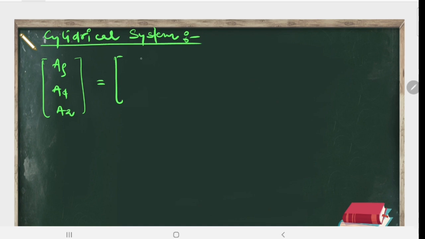Using the matrix, we can do that. Here the first row is cos phi, sin phi, 0. Differentiate this with respect to phi and you will get the second row: -sin phi, cos phi, 0, and the third row is 0, 0, 1.